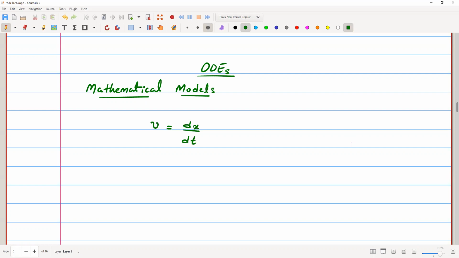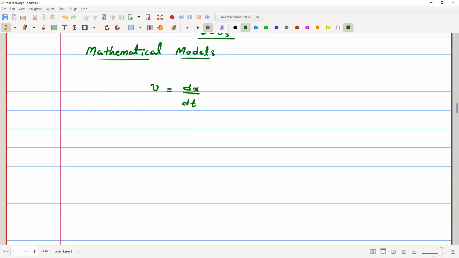So now let's talk about some heat exchange phenomena. That is Newton's law of cooling, right?